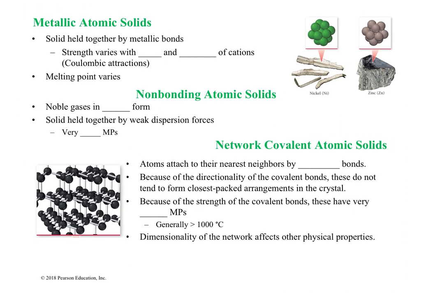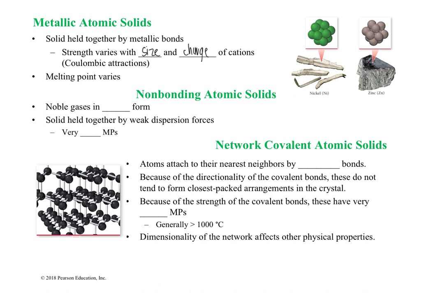Metallic atomic solids, so just getting more into those atomic solids, are held together by metallic bonds. Strength varies by the size of the metal as well as the charges. So things that have more electrons and are smaller tend to have a larger melting point than something that would be larger with a smaller charge.